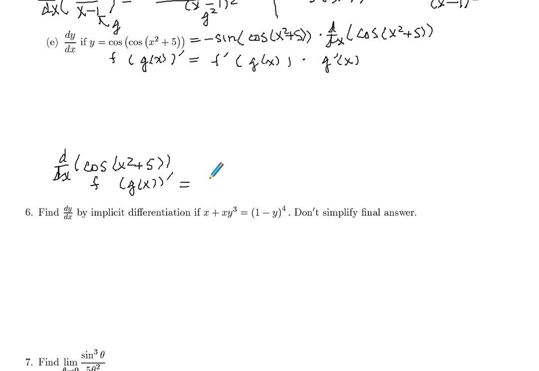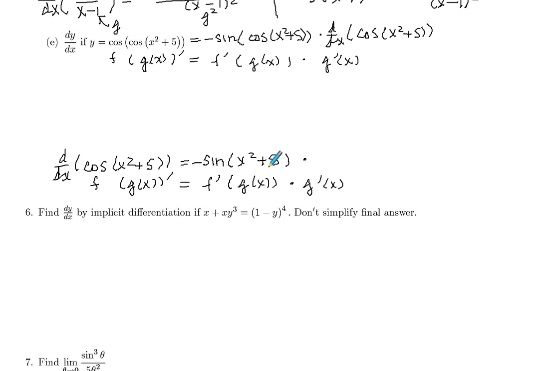So again, this is going to be the derivative of the outside, f prime, plug in the inside, g of x, times the derivative of the inside function, g prime of x. So here our outside function is cosine, and our smaller inside here is x squared plus 5. So the derivative of the cosine is negative sine. And then we're plugging in the inside function. The inside stays the same, x squared plus 5.